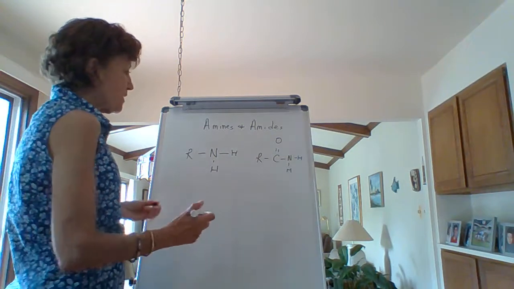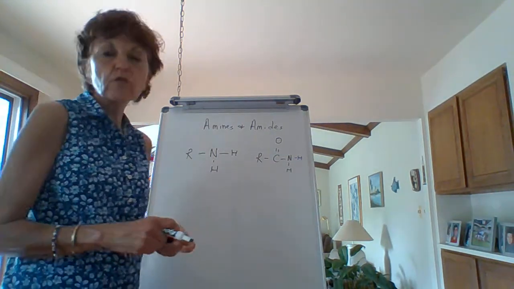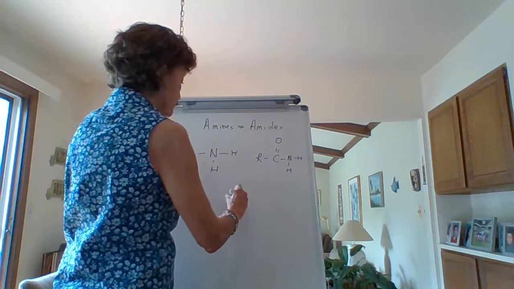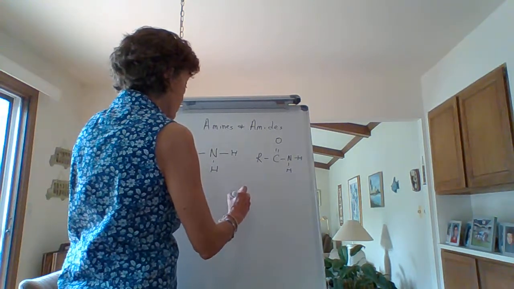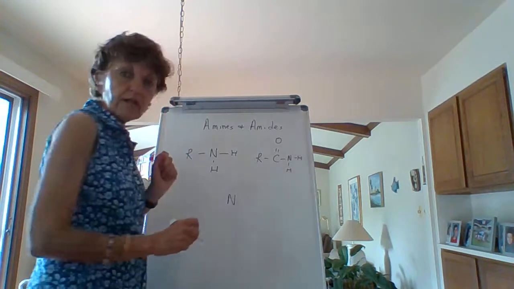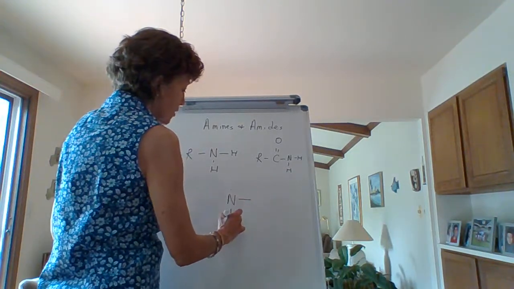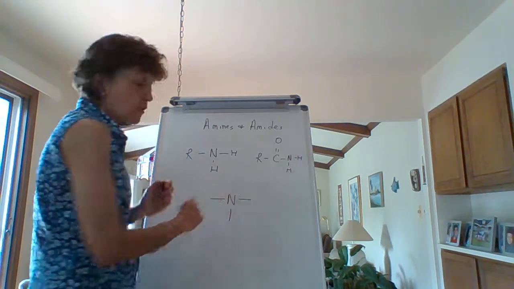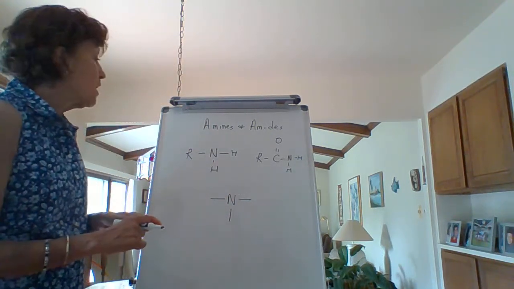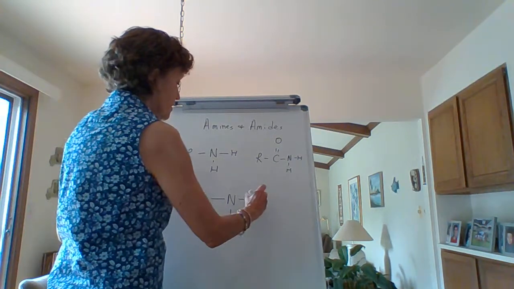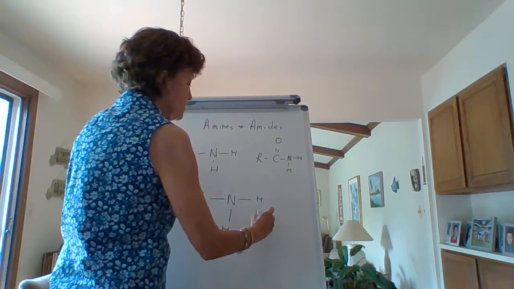Let's back up a second. If you remember, nitrogen is in group 5A of the periodic table. It's got 5 valence electrons, and it normally has 3 bonds and 1 lone pair. Okay? If you have hydrogens on the 3 bonds, this is just ammonia.